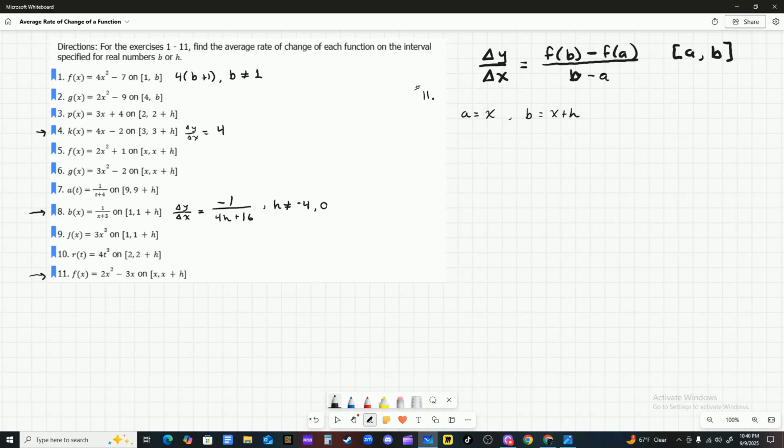So our average rate of change for number 11 is going to be f of b minus f of a. f of b is going to be, let's start with parentheses. Let's just keep it all black. I hope you guys can follow along.